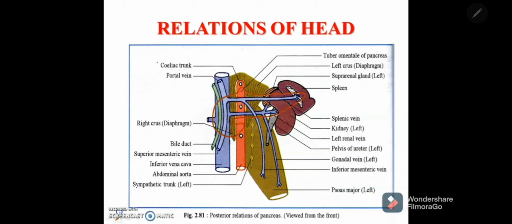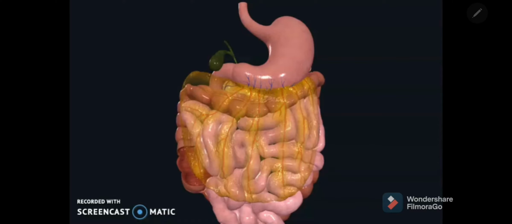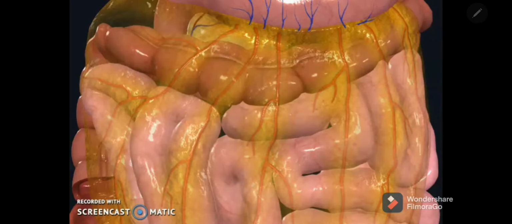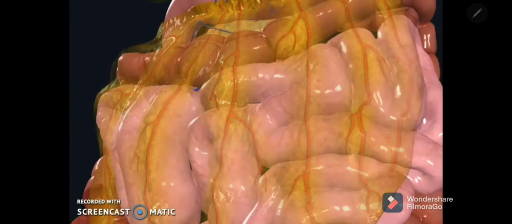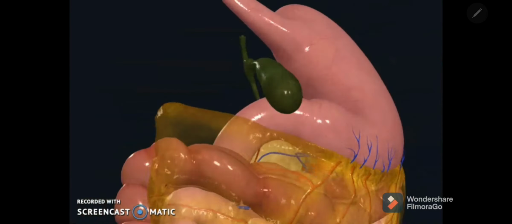So those are the relations of the posterior surface of the head. Anteriorly, the upper part of the anterior surface of the head is related to the transverse colon, and the lower part to the root of the transverse mesocolon and coils of intestine, jejunum and ileum.